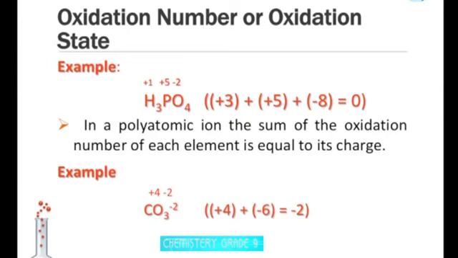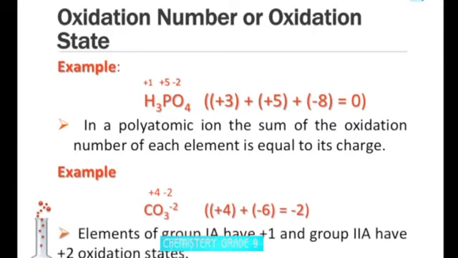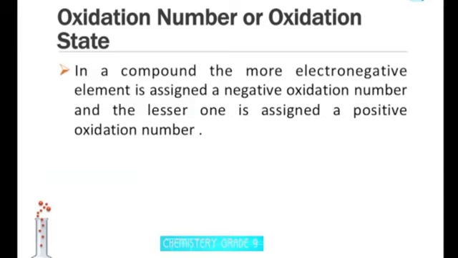Then you solve for the carbon and you know that it has to be +4. Another rule is that elements of group 1A have +1 and group 2A have +2 oxidation states. In a compound, the more electronegative element is assigned a negative oxidation number and the lesser one is assigned a positive oxidation number.